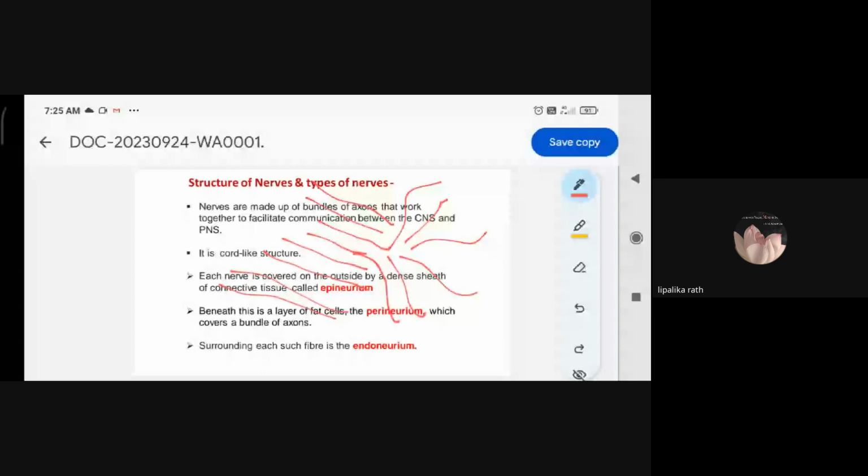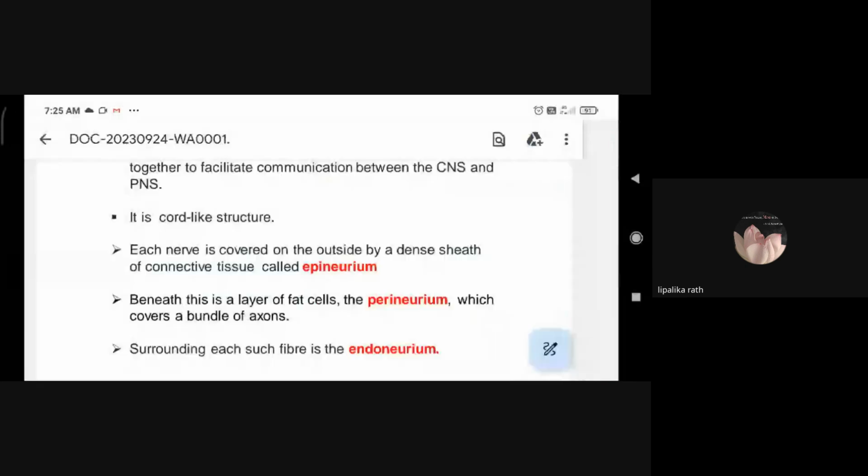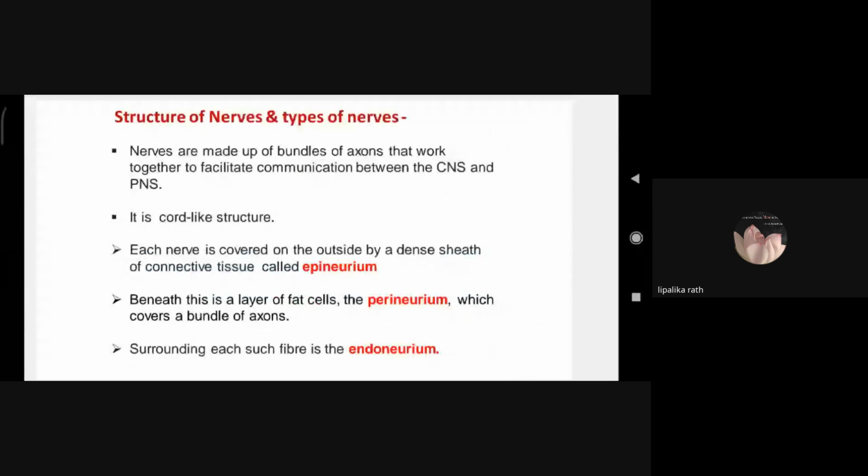Sorry, the axons are branched, like this. So it is a cord-like structure. Obviously, when the axons are branched, it will appear like a cord-like structure.